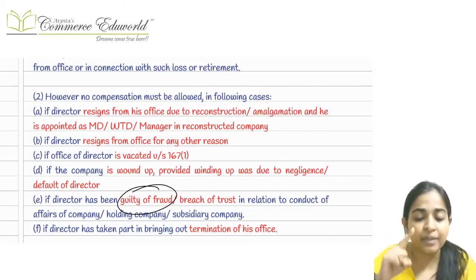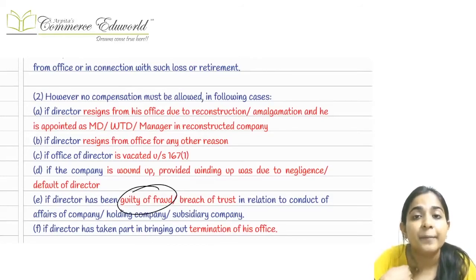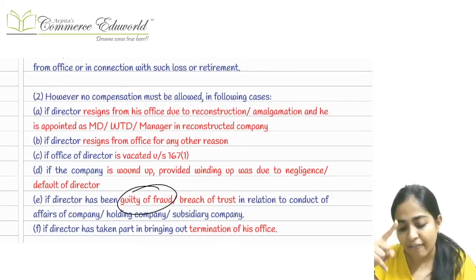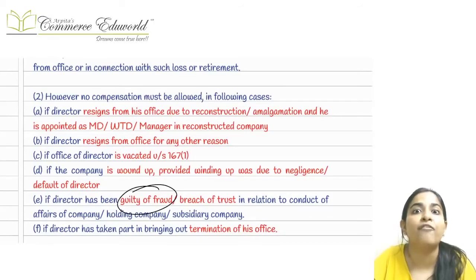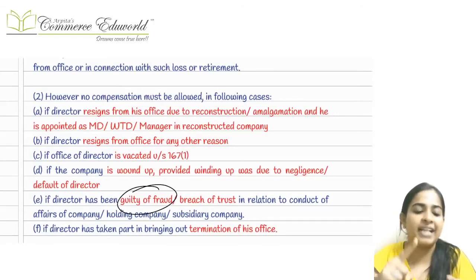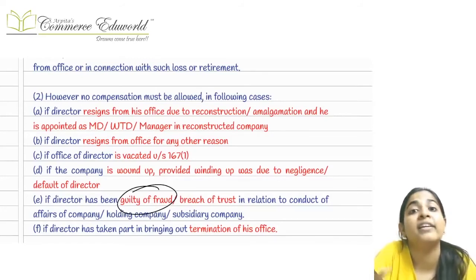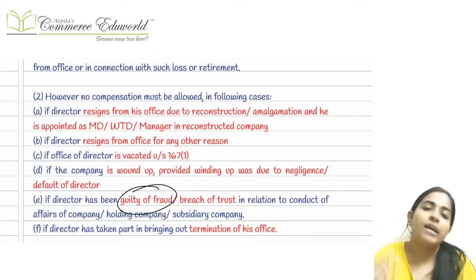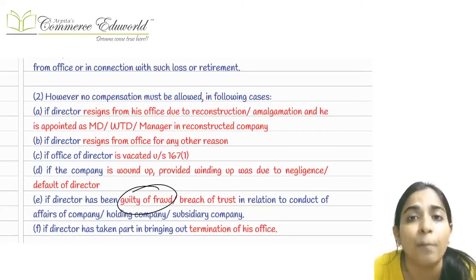If my company has been wound up because of my mistake, or if I have to vacate my office because I have done some default as per section 167, or if I simply resign, saying I don't want to be in your company, then the company will say go, I will not pay you any compensation.